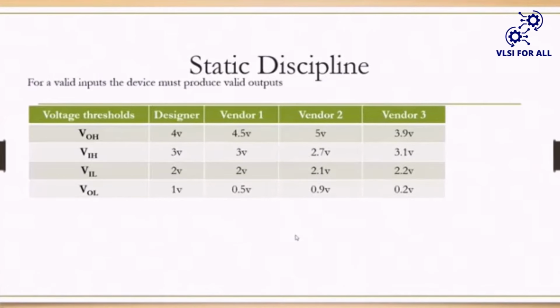Actually, sir, for vendor 2, first is 2.3 and the second, noise margin low, is 1.2. So minimum will be 1.2 for vendor 2. Okay, 1.2. Good observation. Good. May I know your name? Mini, sir. Okay. Good, Mini.